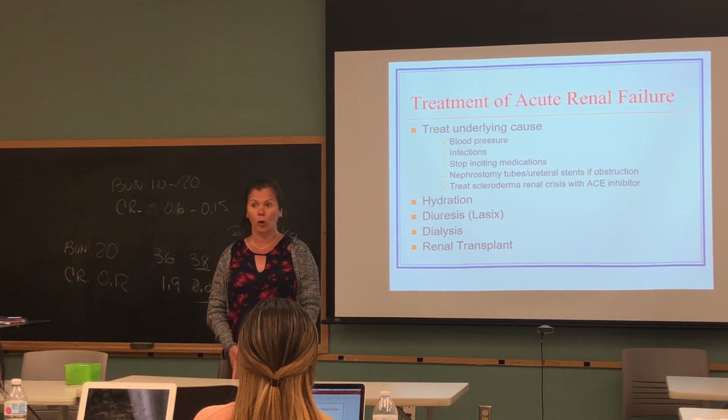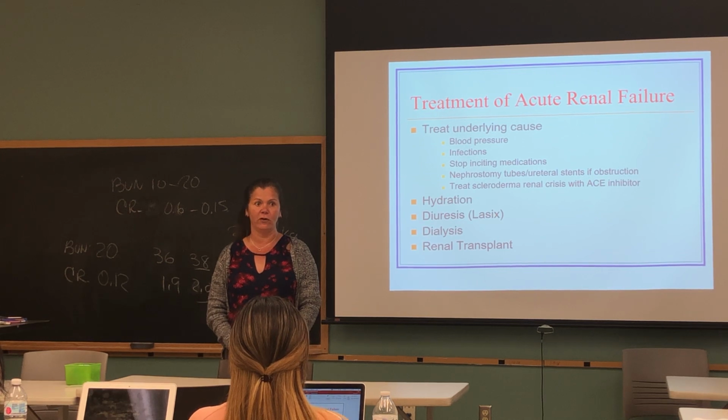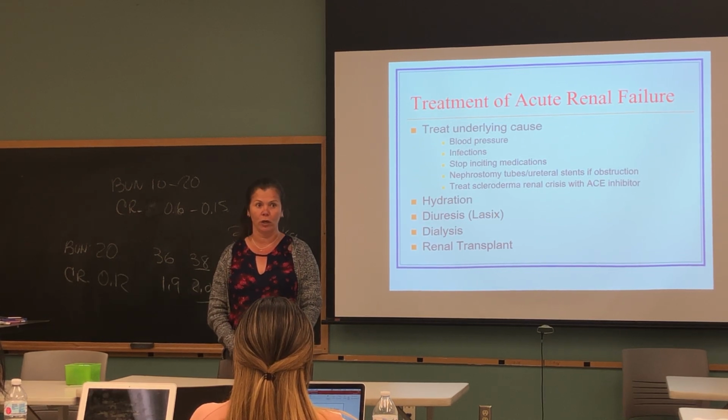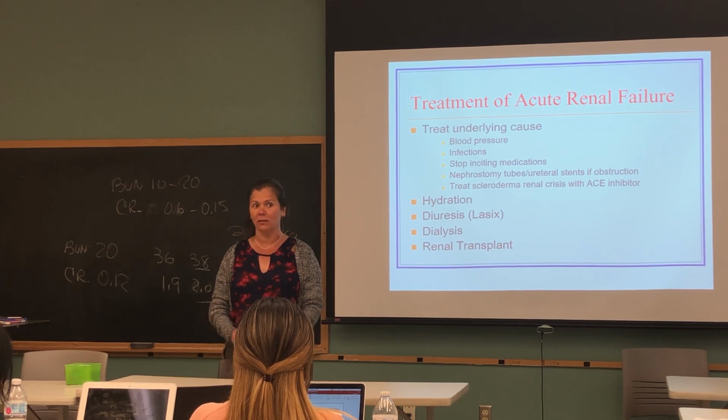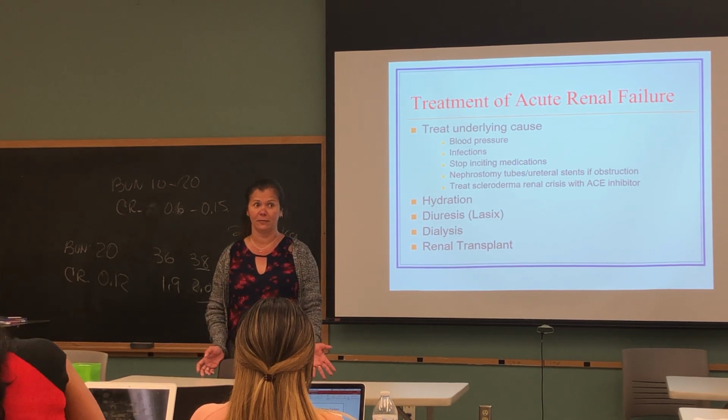You need to have an appropriate population to be able to treat with diuretics. So you need to have more than 30 GFR for the diuretics to work. Otherwise, the only way to excrete metabolic waste and volume is through dialysis.